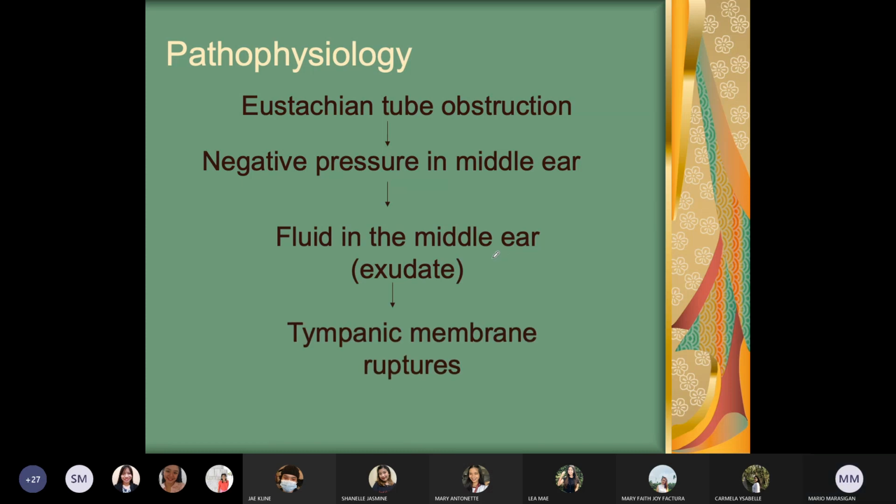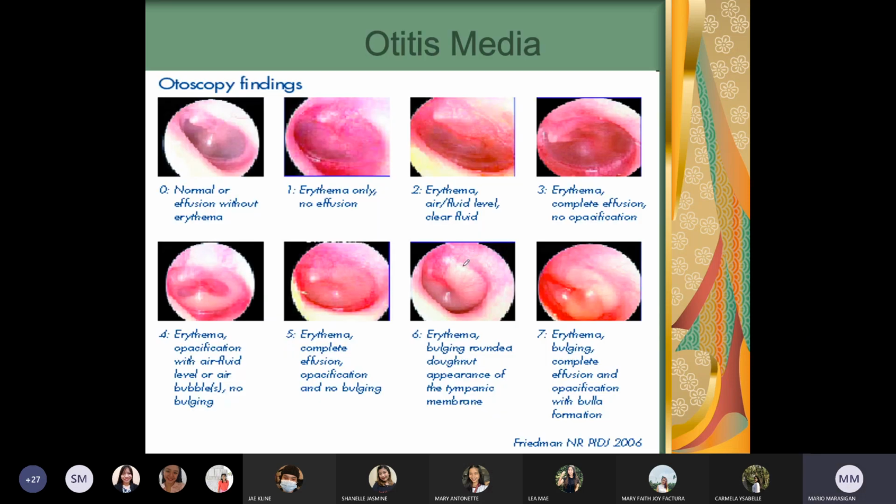Okay. When there's an increased pressure enough to bulge and rupture the membrane, then marirelease yung secretion, tutulo yun sa tainga pag na-rupture na. Okay, so this illustrate the processes.